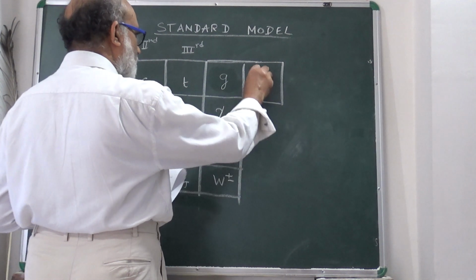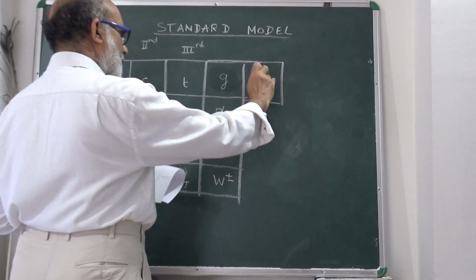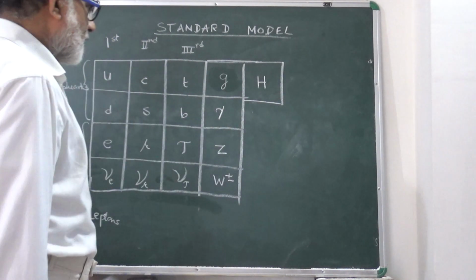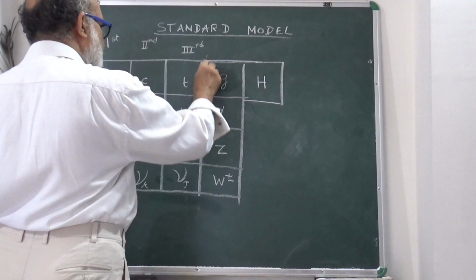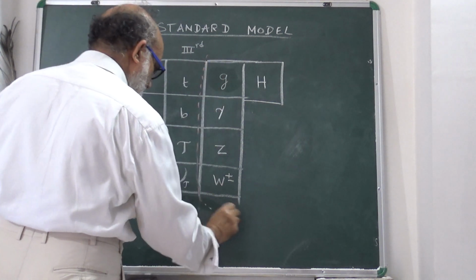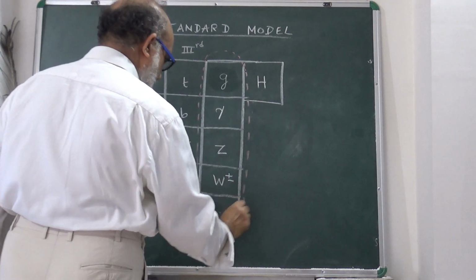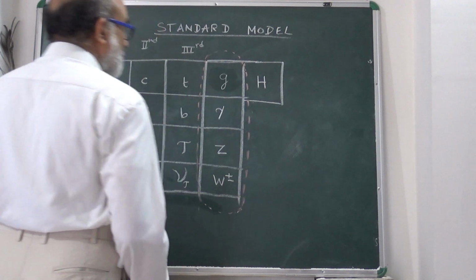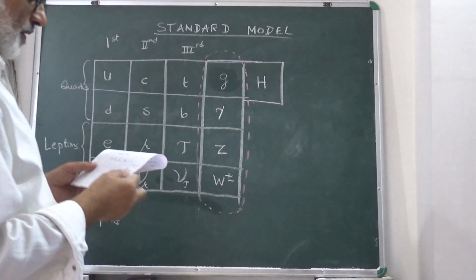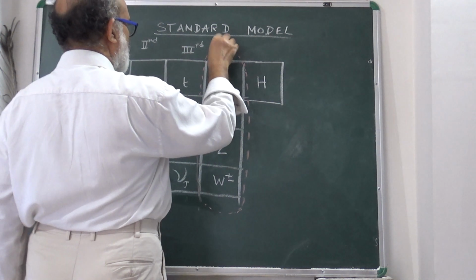And there is one more, called Higgs particle. Now all these are bosons because they have integral spin. So these are called gauge bosons.